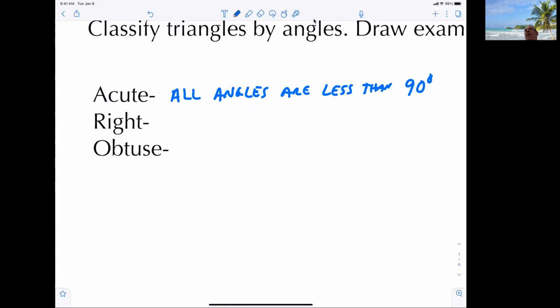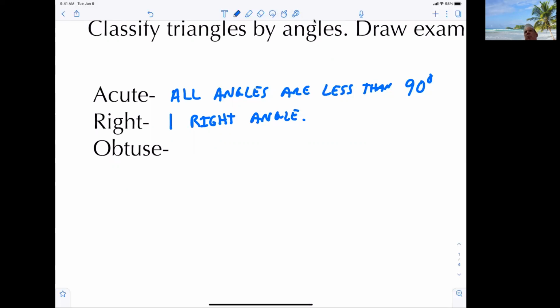Tell me about right. Exactly 90. How many angles are 90? Only one. You can only have one right angle. So if you call it a right triangle, one right angle. A triangle with one right angle is called a right triangle. Last one, obtuse.